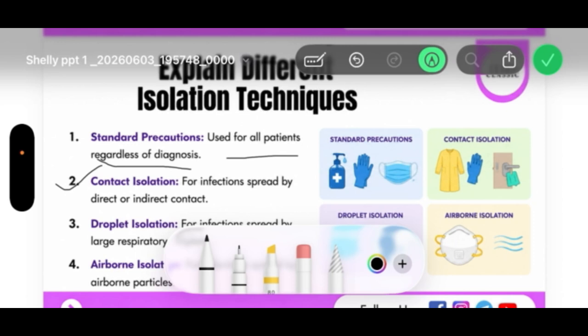By the name we can understand, contact means when we are touching the patient or touching anybody who is infected. From one patient the infection may spread to other patients, and also to the health workers. So contact precautions have to be taken properly, that is wearing gloves whenever we are touching the patient's surface or any patient's equipment, and wearing proper PPE.